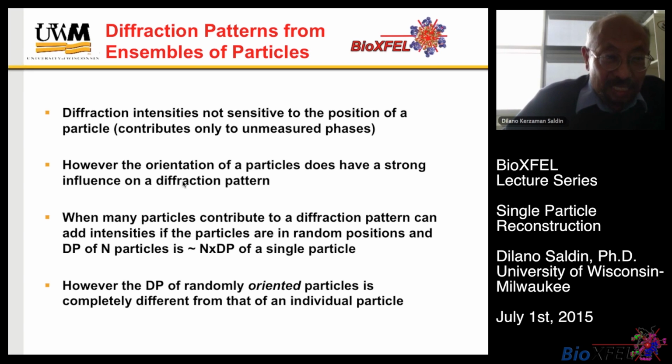Now the point is that these diffraction intensities are not sensitive to the positions of the particles, since they contribute only to an unmeasured phase. However, the orientation of the particle does have a strong influence on the diffraction pattern. So when many particles contribute to a diffraction pattern, you can add the intensities as if the particles are in random positions, and this diffraction pattern of n particles is the diffraction pattern of each particle rotated by a random angle.